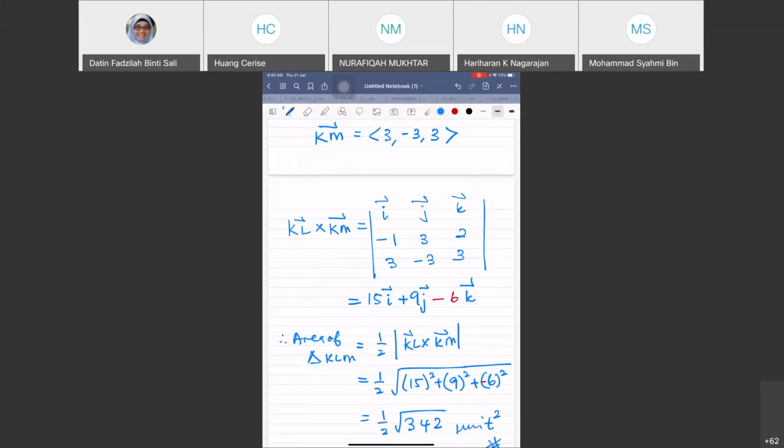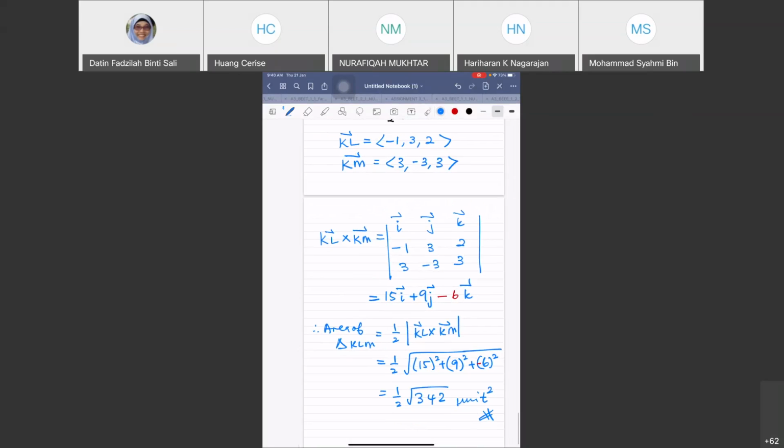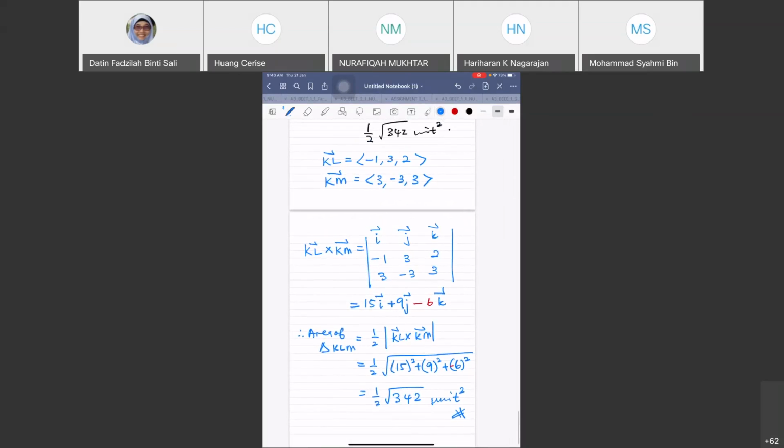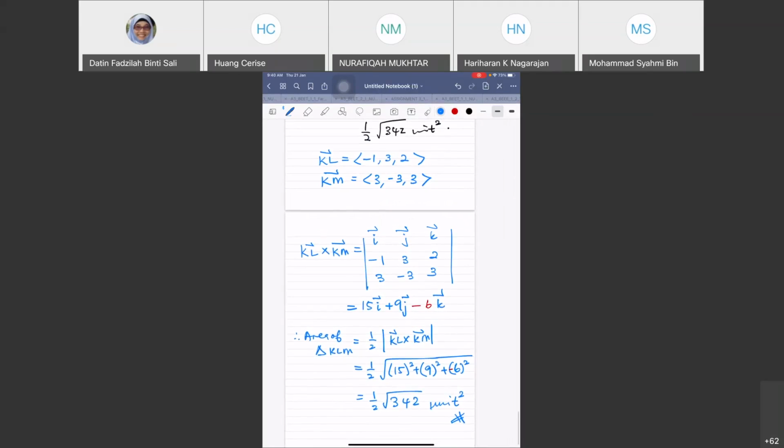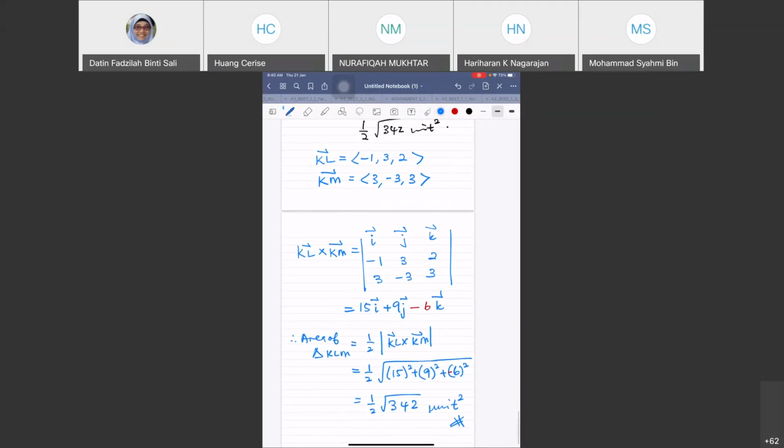Okay, the rest of you out there, can you all follow this? Or any questions? All right, so this is for the area of a triangle. If it's the area of a parallelogram, you will be given 4 points. If you are given 3 points, the question asks you for a triangle.